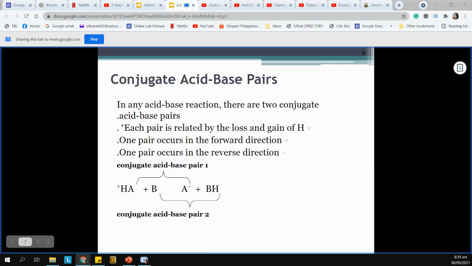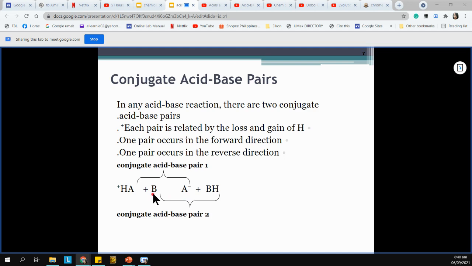Now, once the compounds have dissociated to form those, you have what we call a conjugate acid-base pair. For example, you have an acid and the other one is going to be acting as a base. Its conjugate pair would be the one with the negative ion on the product, where there is a reversible reaction, the arrow symbol.